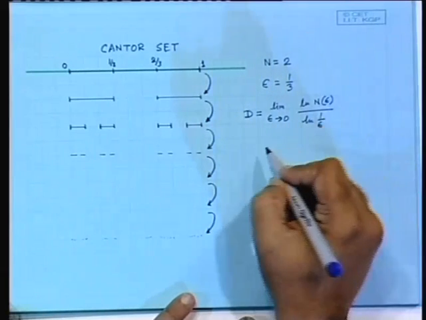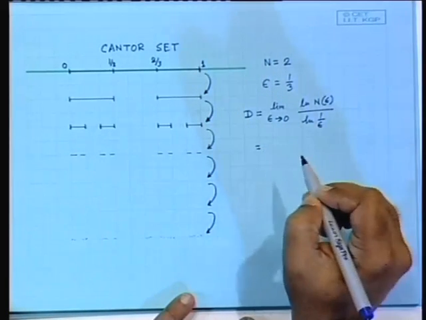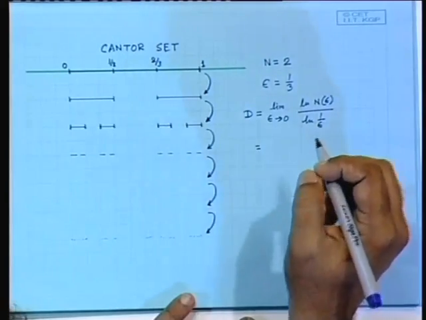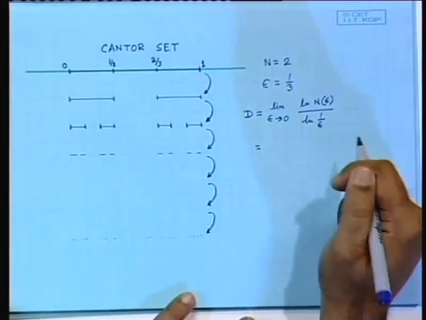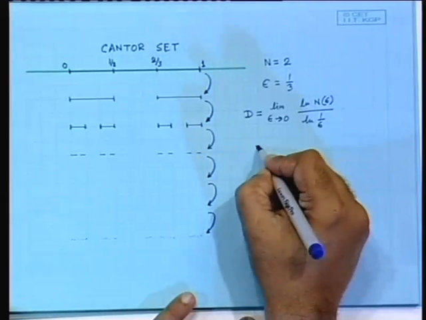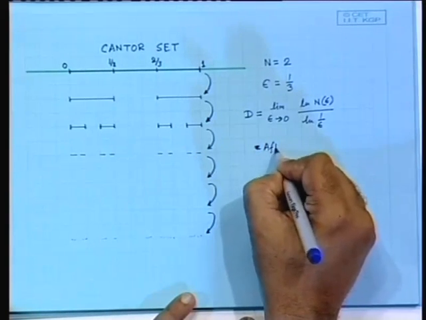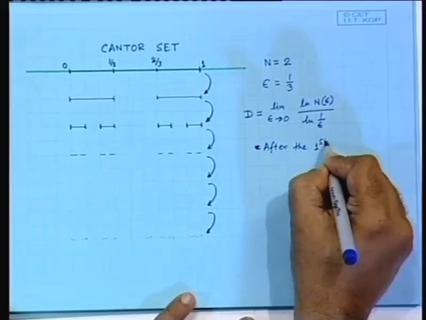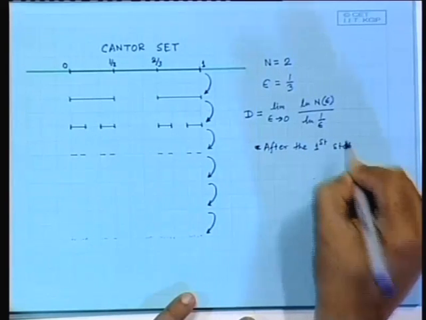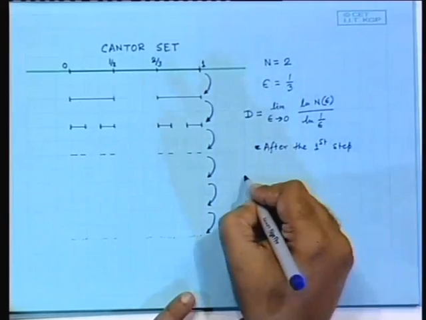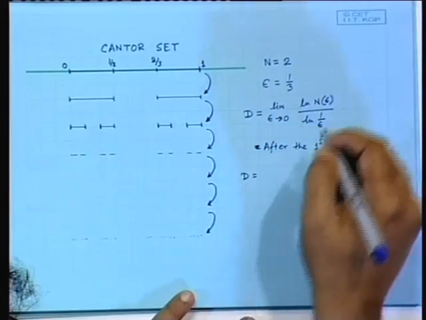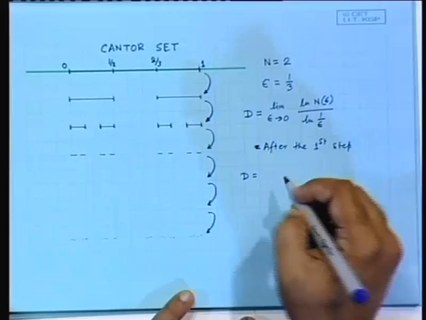So, if we consider the dimension that can be measured after the first iteration, first step, if we measure the dimension, then d is equal to, this limit does not arise, we are only trying to measure this quantity.